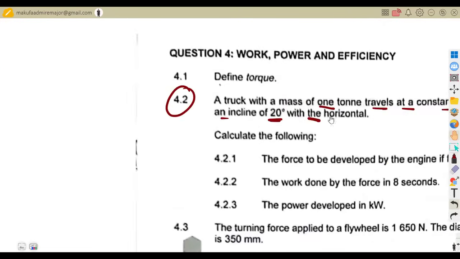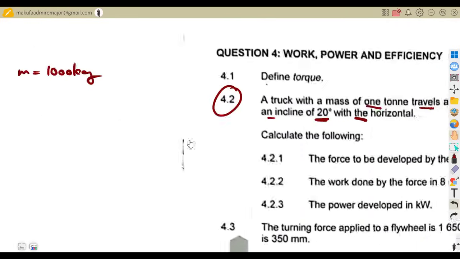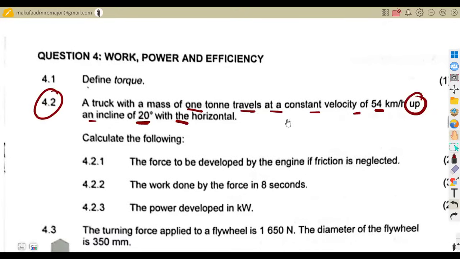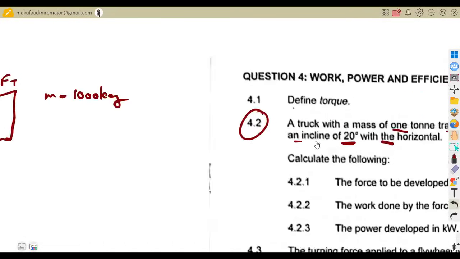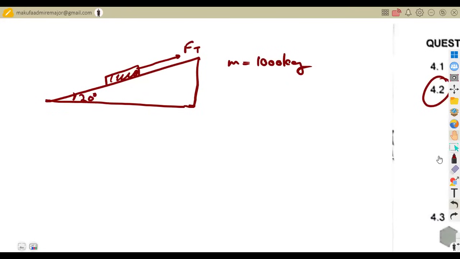So given the mass of this object of 1 ton, remember 1 ton is equivalent to what? 1,000 kilograms. It travels at a constant velocity of 54 kilometers per hour. So remember, how do we convert to meters per second?